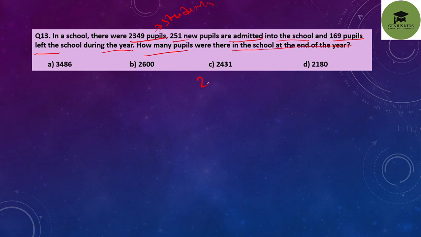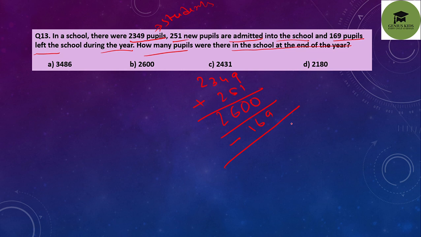There are 2349 students, and 251 pupils are admitted. So it will be addition. So there are 2,600 students after admitting 251. Now what happened is that 169 pupils left.